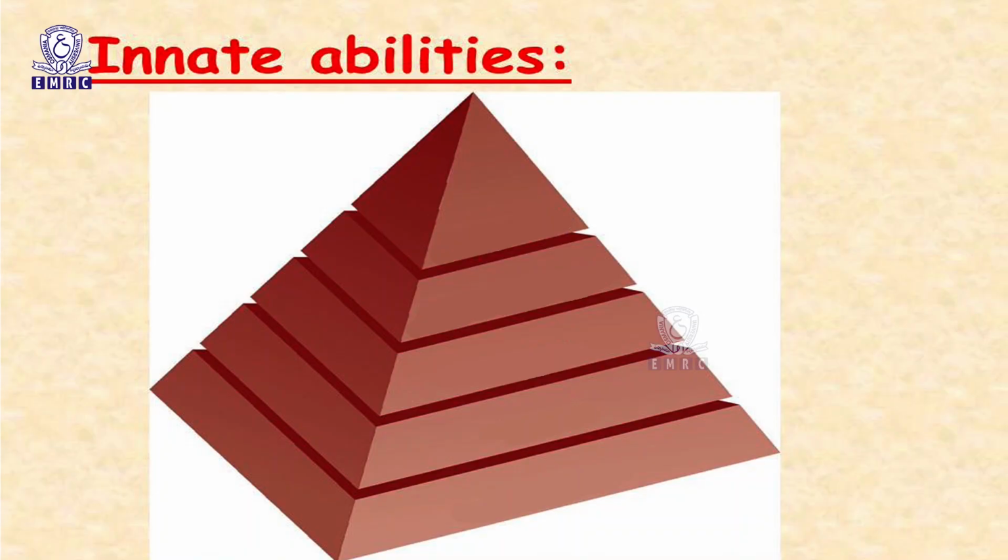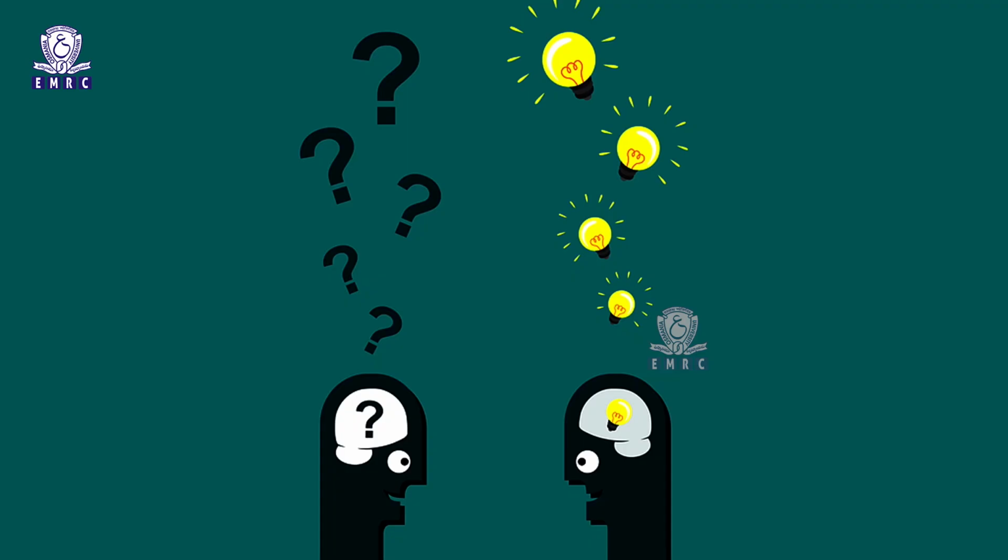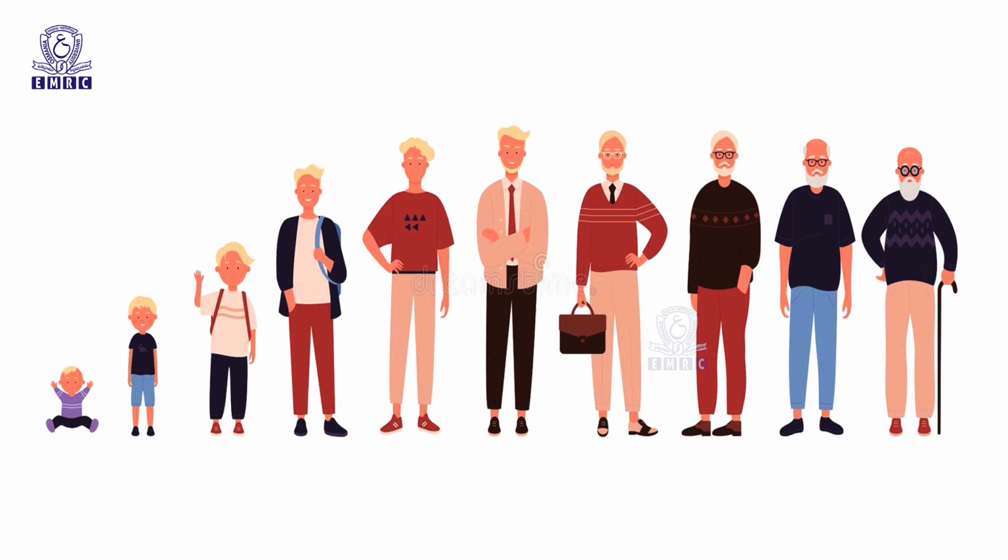The topics include the innate abilities and capacities of the individuals, individual differences and their measurements, the overt, covert, conscious as well as unconscious behavior of the learner. The characteristics of his growth and development at each stage, beginning from childhood to adulthood, are studied.